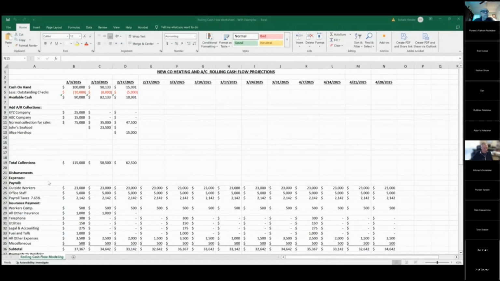Then you've got to pay the government the withholding tax for Social Security and Medicare that you take out of their salary, and you've got to pay your portion. Then usually workers' compensation and all other insurances, your telephone, your utilities, your legal account, your fuel and tolls for your workers.